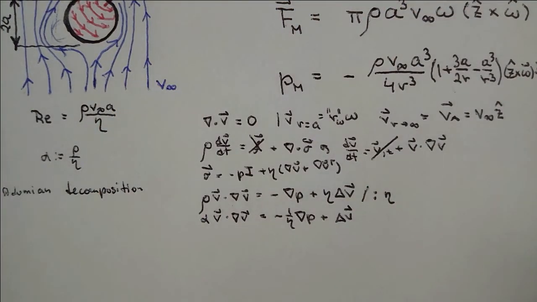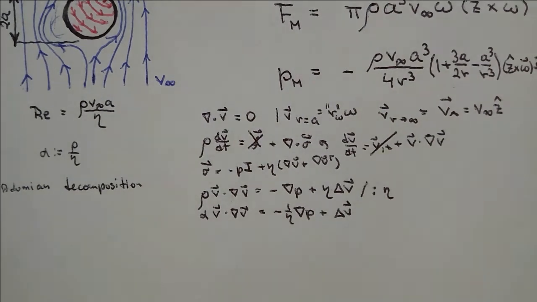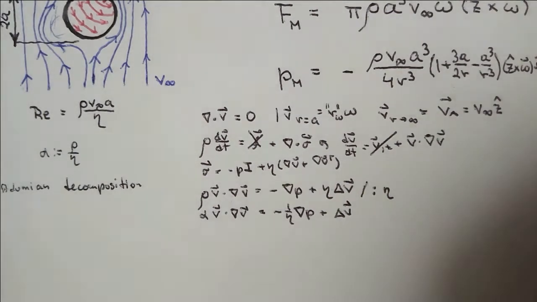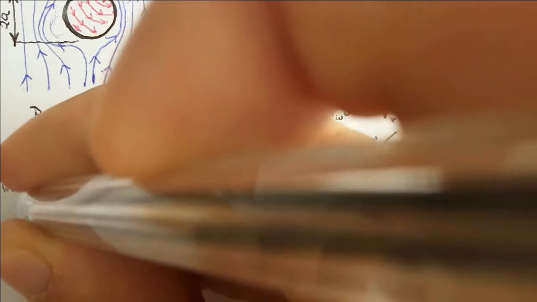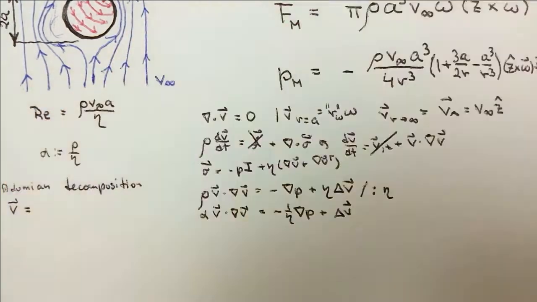This method is based on decomposing the solution into one where alpha is 0 and a second one where alpha is linear order. So let us write the conditions, the functions. The first, unknown function, is the velocity function.